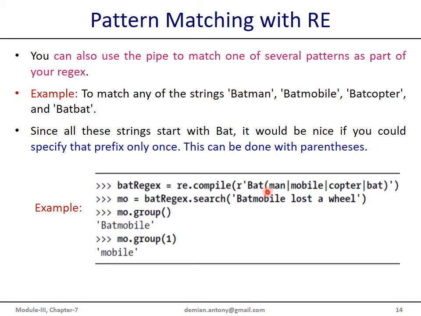We have enclosed this with parentheses, and this has a pipe, and group of 1 will return mobile, not the pipe, because this is a mandatory pattern followed by the first group. This is how you can match one of several patterns as part of the regular expression to recognize the set of patterns with options.